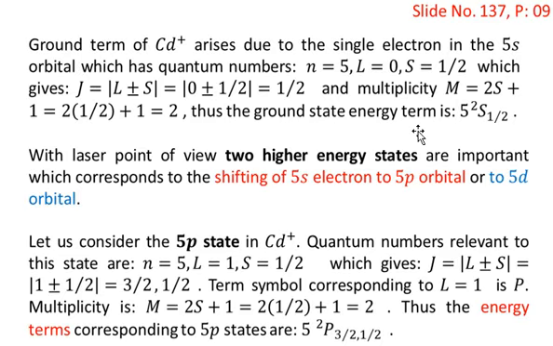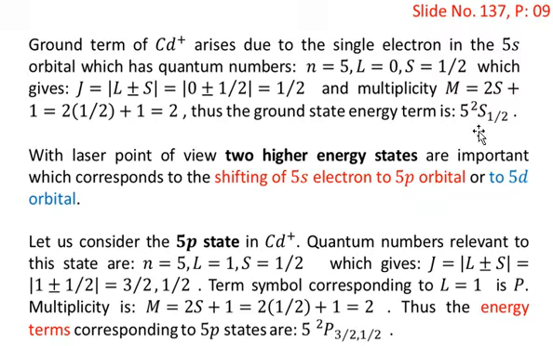So the ground state has a single term represented by 5 2S 1/2. This 5 is the principal quantum number. This 2 as a pre-superscript is actually the multiplicity. This symbol capital S is due to L is equal to 0, because L equal to 0 has a term which is capital S. This capital S is the spectroscopic term corresponding to capital L equal to 0.